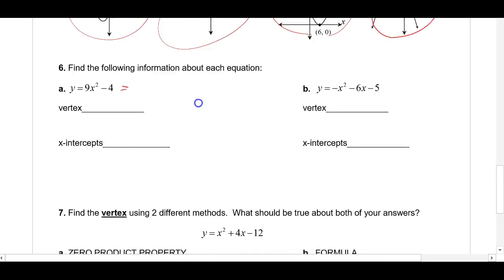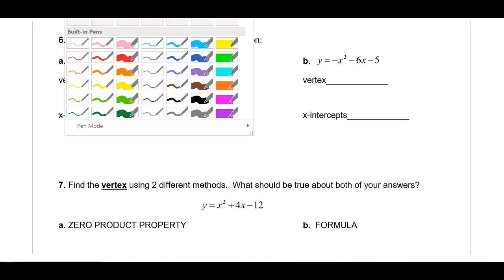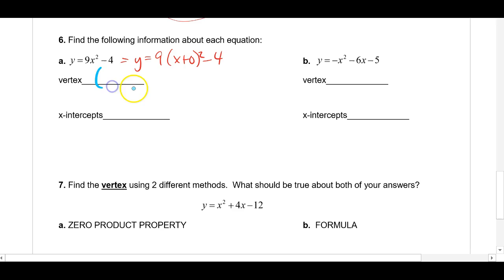Let's go back. So what I can change this to is 9 times x plus 0 squared minus 4. Now I can just look at that equation and see that my vertex is at 0 and -4.